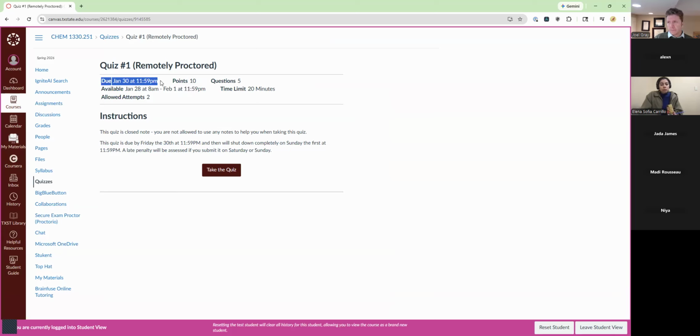The due date is Friday, 11:59 p.m. But if you miss the due date, you have until February 1st at 11:59 p.m. to complete it. You will be subject to a late penalty, though.